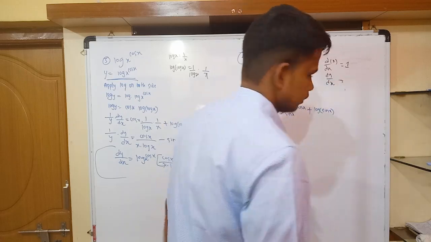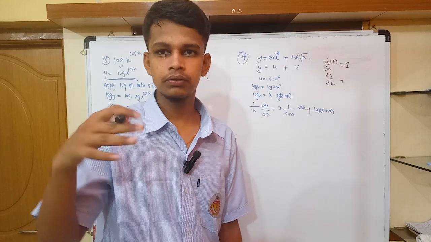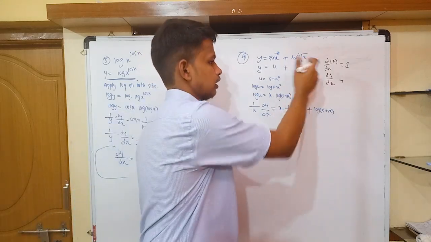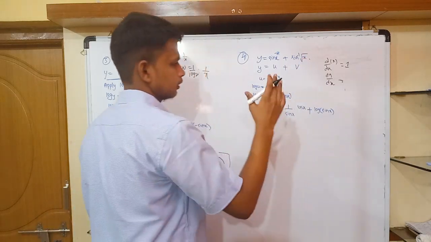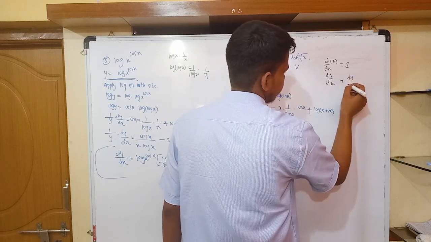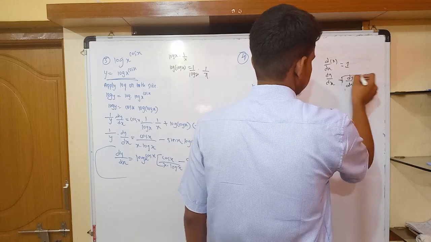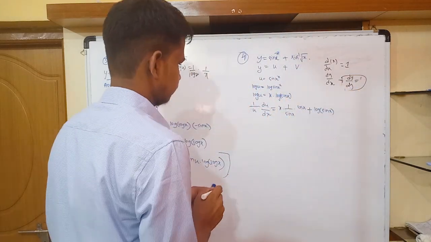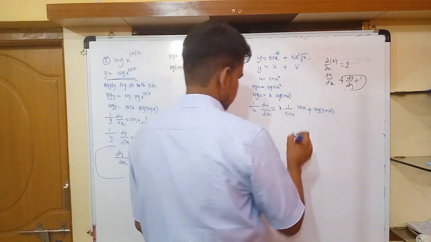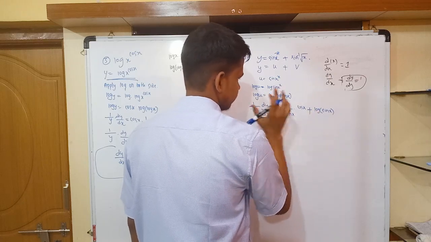If we differentiate any other function without x, then it becomes like this also. If I told you to differentiate y with respect to y, then it is 1. Now we have got log of sin x as it is, into the derivative of x.